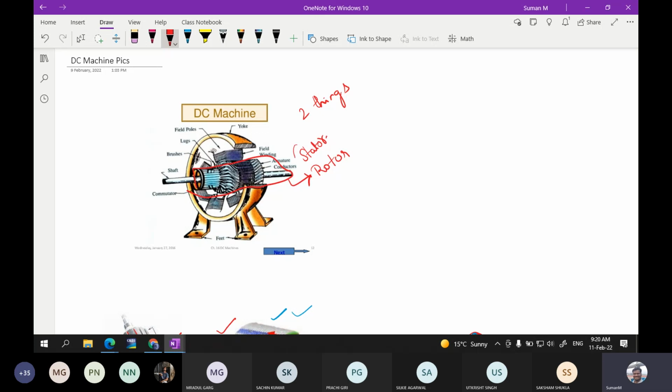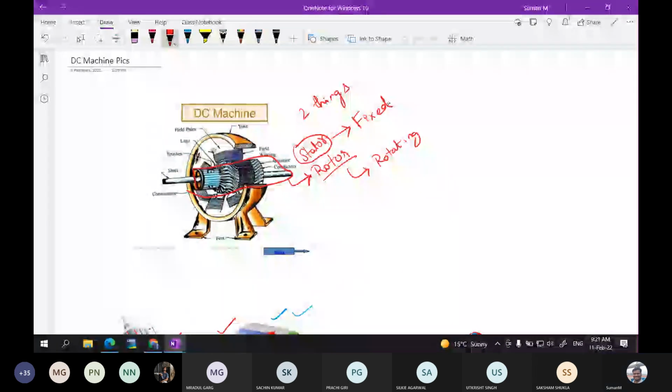That part is called the stator. The stator is a stationary part. It is not going to rotate. It is fixed, whereas the rotor is the rotating part. It is going to rotate. This is true of both machines, irrespective of whether it is a generator or a motor: the stator is going to be a fixed part and the rotor is going to be a rotating part.